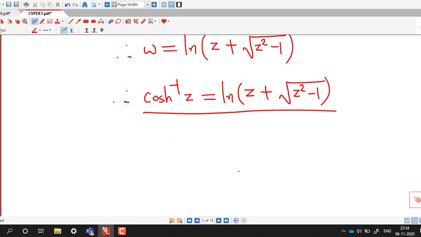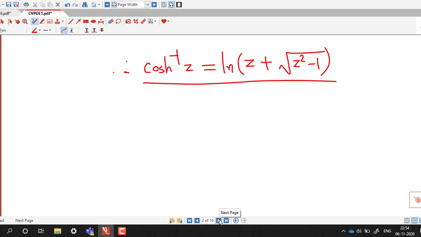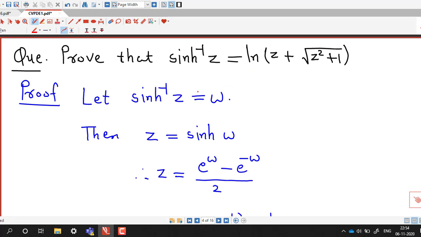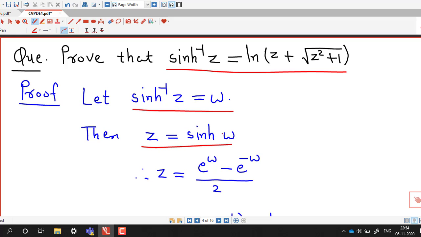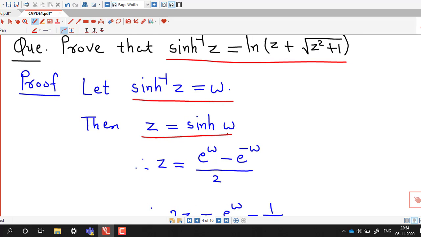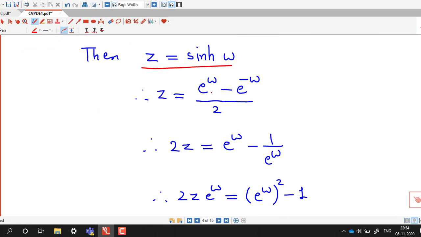Similarly, we can prove this type of formula for the hyperbolic sine inverse function. It is similar to that one. If we want to prove this formula, we start by taking sinh inverse Z equal to W. By definition, this implies Z equal to sinh W. Now we use the definition of sinh W, which is e raised to W minus e raised to minus W over 2.